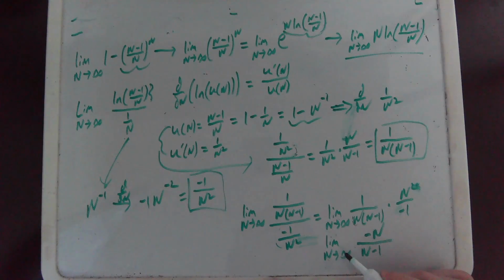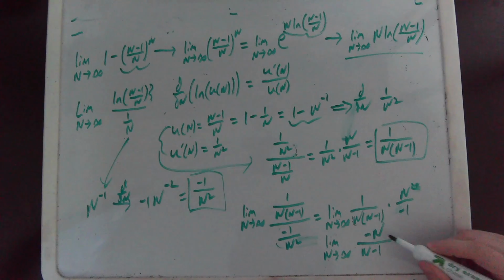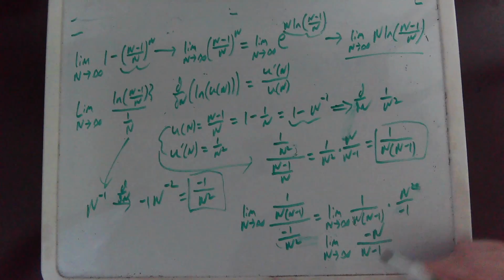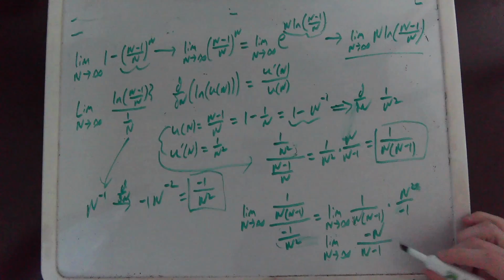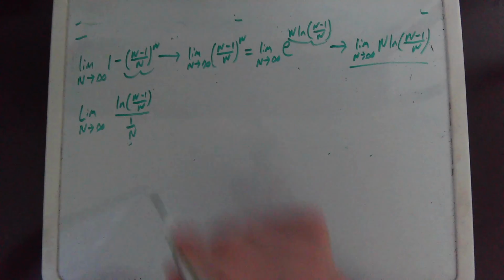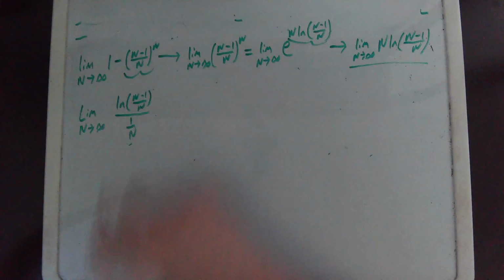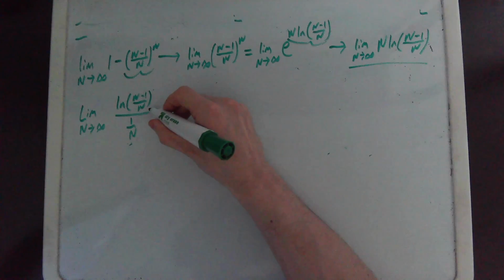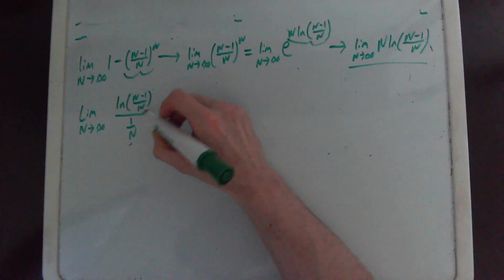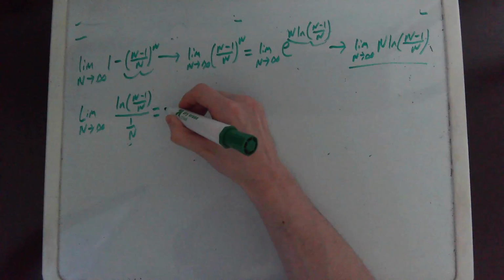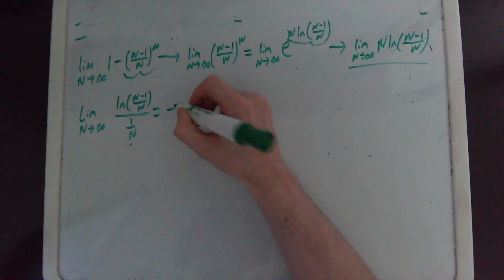If we put infinity in here, we get negative infinity on the top and infinity on the bottom. And so those will just cancel and we'll get negative 1. All right, we're almost done here. I just cleared some space, but we applied L'Hopital's rule, we found the derivatives, and we found out that this whole term converged to negative 1.